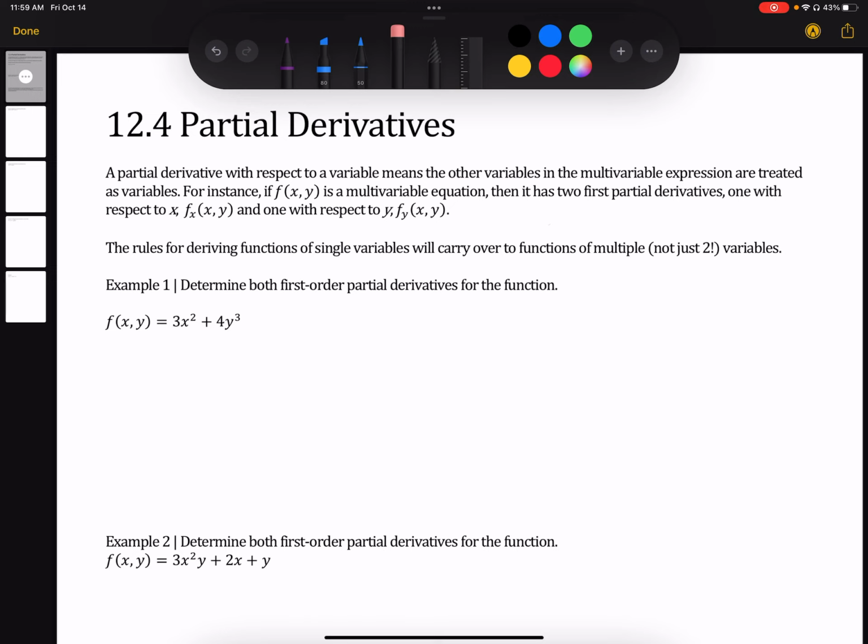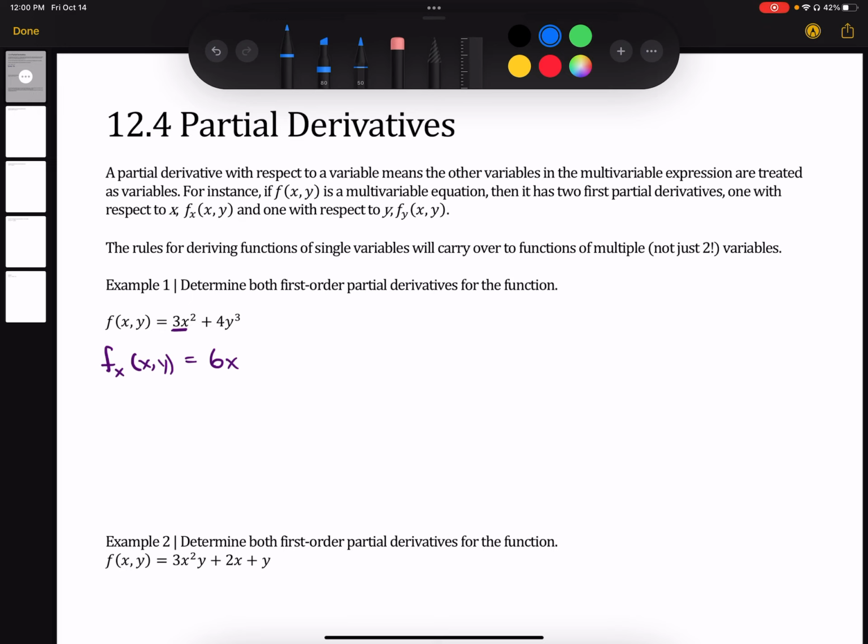So for our first example, we have to determine the first order partial derivatives for the function. So for fx of xy, the only term that contains an x is the 3x squared, so its derivative is just 6x.